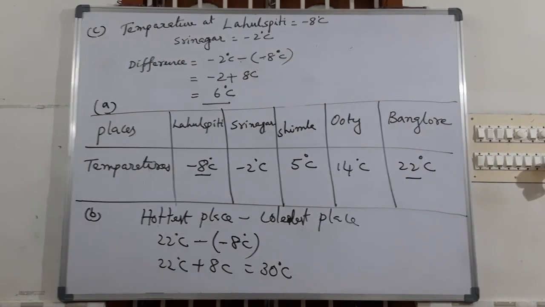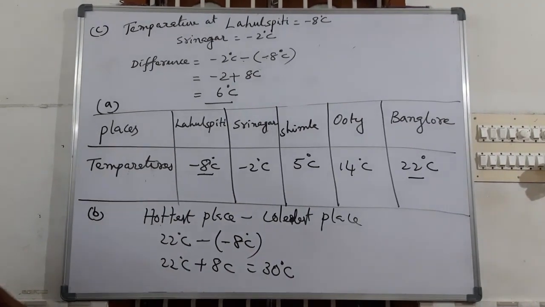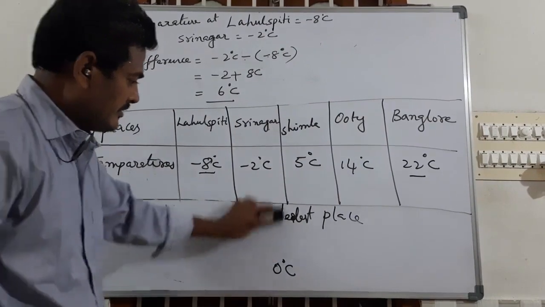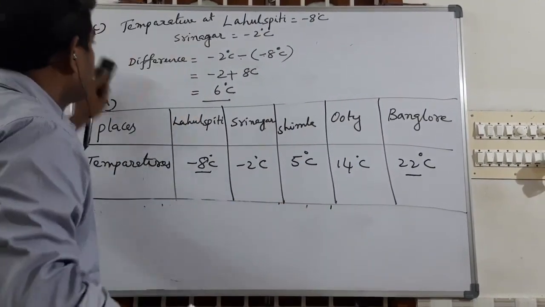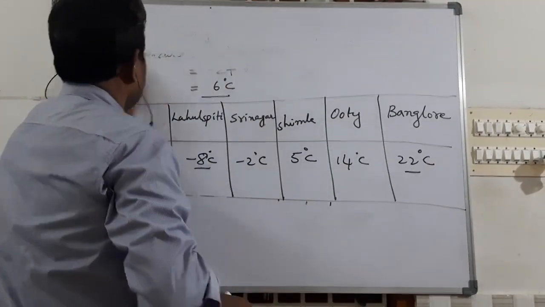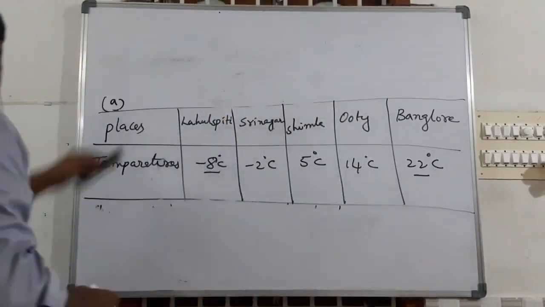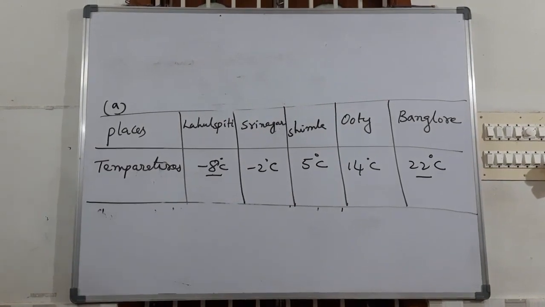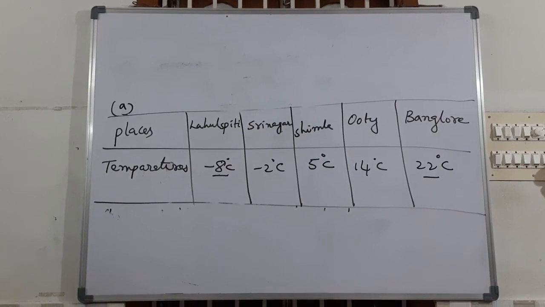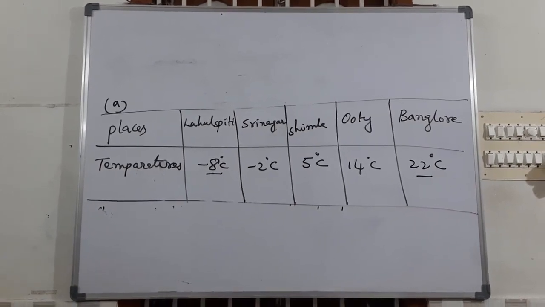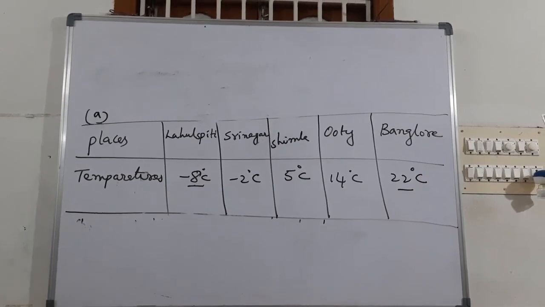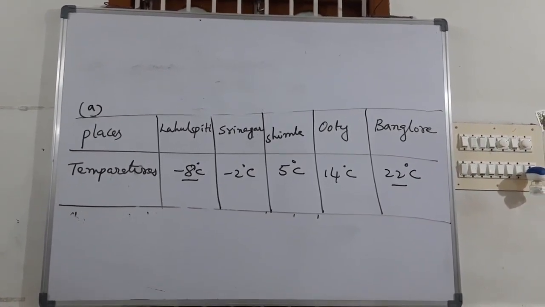And the D question, what are they asking? Can you say the temperature of Srinagar and Shimla together is less than the temperature at Shimla? So they are asking what we want to add.